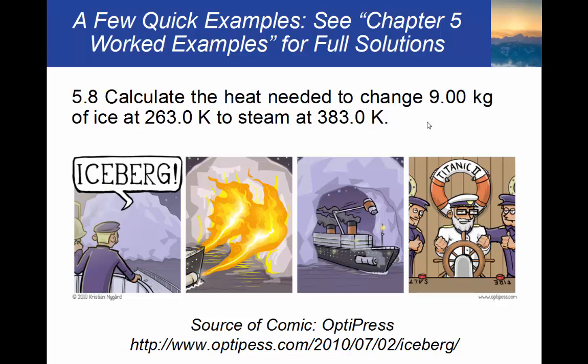The first step is that you have to heat the ice from 263 Kelvin to the melting point of ice. So 263 Kelvin is equivalent to minus 10 degrees Celsius. So you have to heat it from minus 10 degrees Celsius to 0 degrees Celsius.